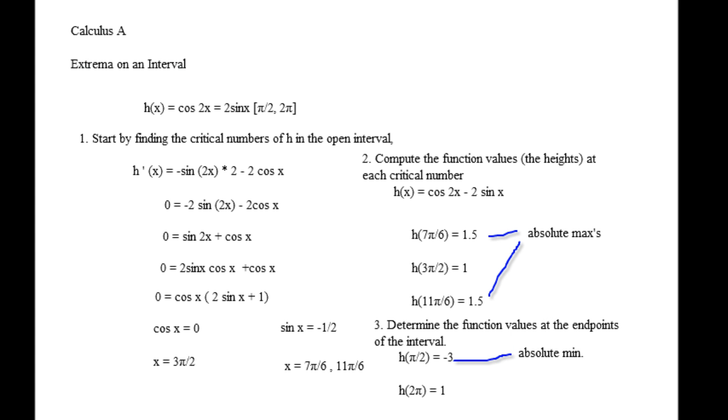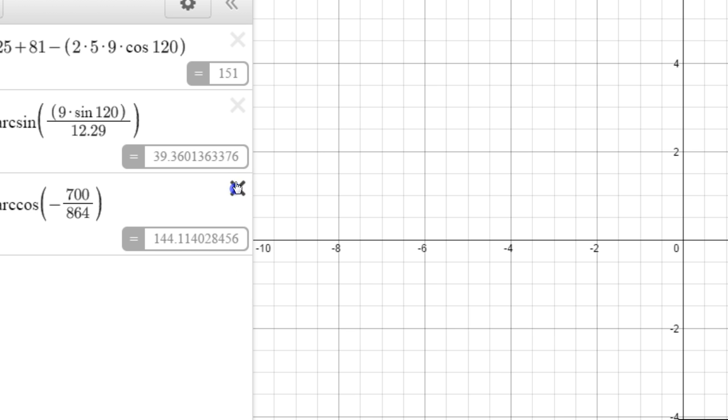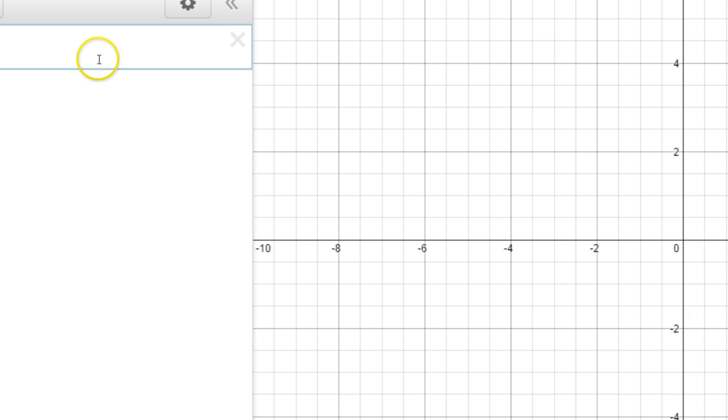And if we actually take a look at the graph, we graph the function again: cosine of 2x minus 2 sine of x.